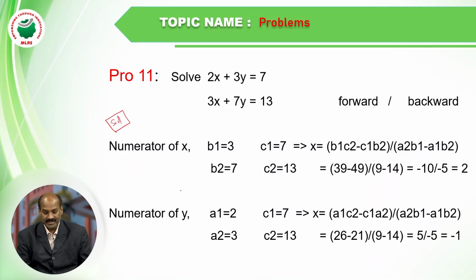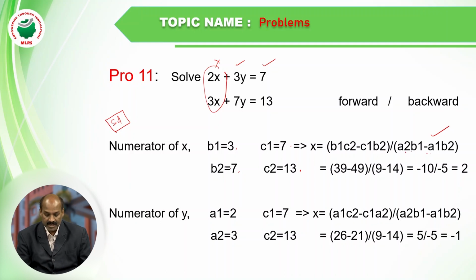Now for the numerator of x, remove the x column first and write the remaining two columns: 3, 7 and 7, 13. This is given by the formula forward by backward, that is b1 c2 minus c1 b2 divided by a2 b1 minus a1 b2.